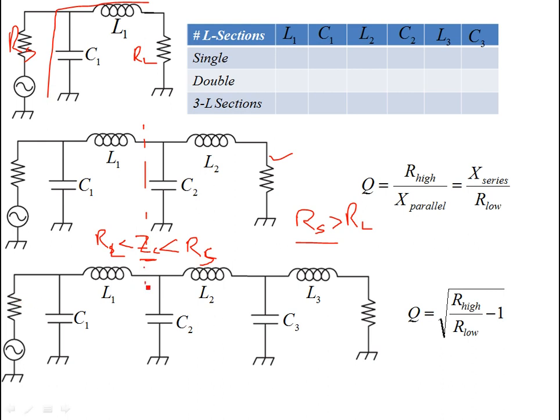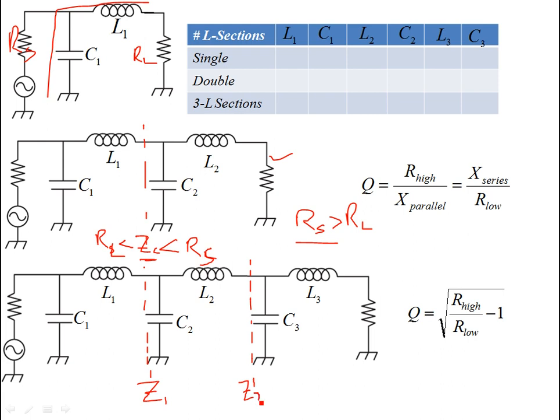For example, over here you'll have two in three sections, or three L sections, or six element matching networks. If you are cascading them, then you have two Z center impedances. Let's call this Z1, then you have another Z2.